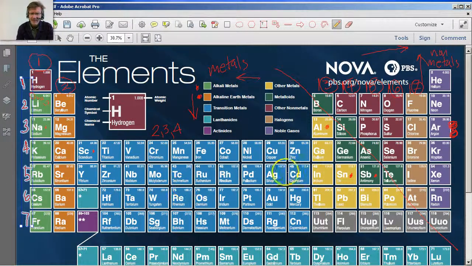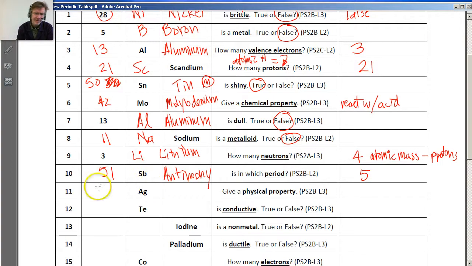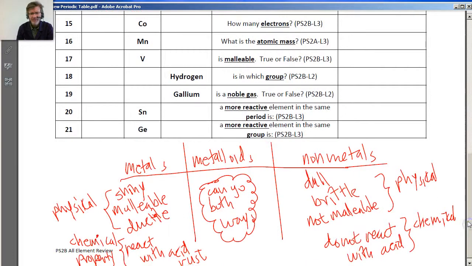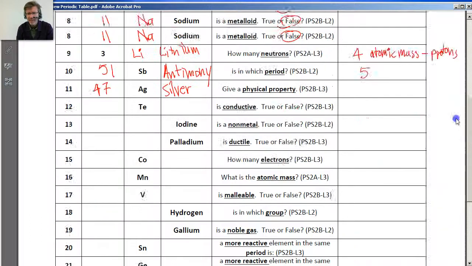Ag. Next one. Ag, silver. It's number 47. Silver. Give a physical property. Okay. Silver, is it a metal or non-metal? It's a metal. That means we can pick one of these. Silver should be shiny and malleable and ductile. Well, cool.